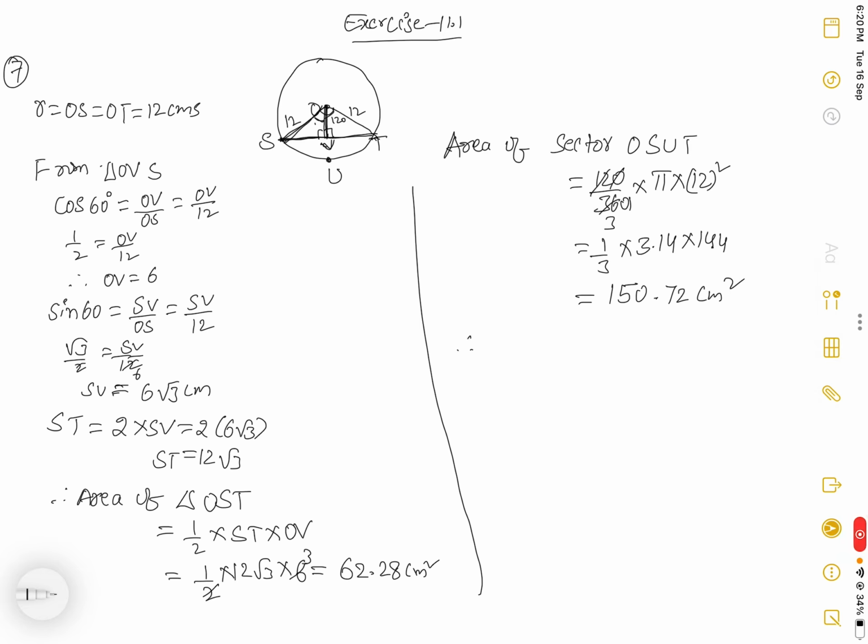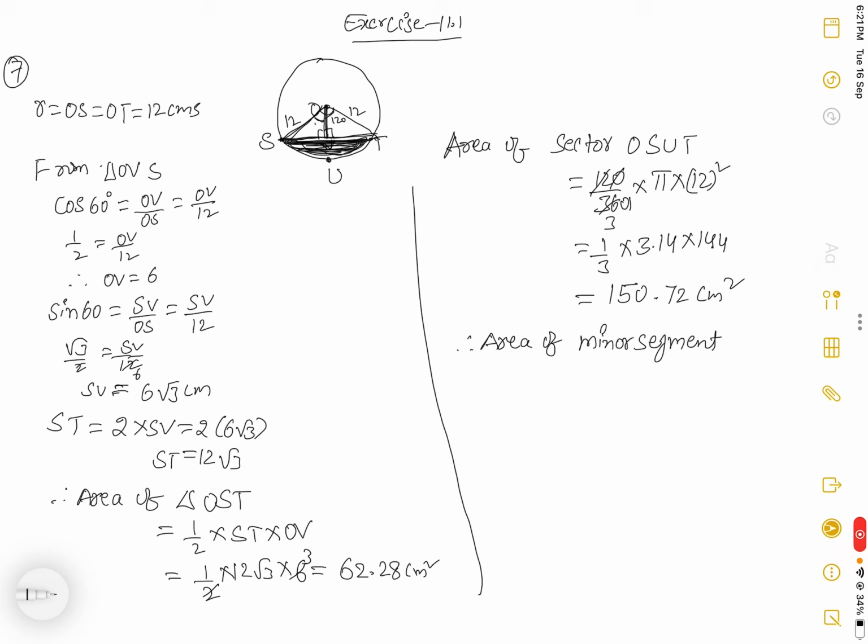Therefore, now we find out the area of the minor segment. Area of the minor segment means this highlighted region. The highlighted region is a minor segment.